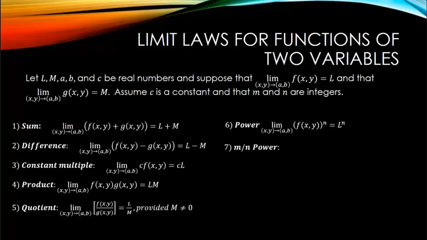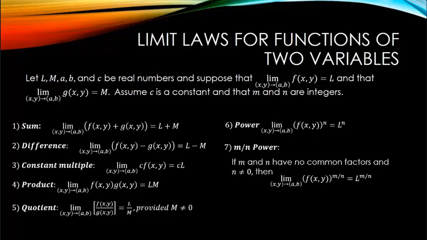And the m over n power, or rational power rule, states that if m and n have no common factors and n is not equal to 0, then the limit as (x,y) approaches (a,b) of the function f(x,y) raised to the m over n power will be given by the limit value L raised to the m over n power, where we assume that capital L is greater than 0 whenever n is even.